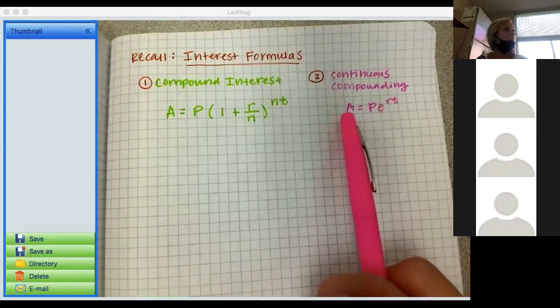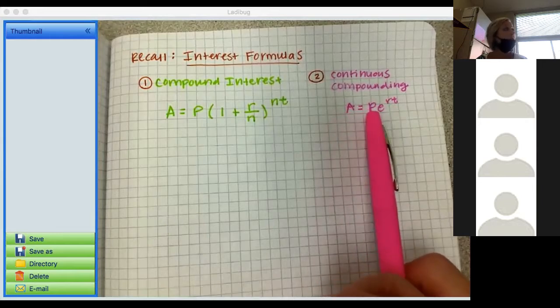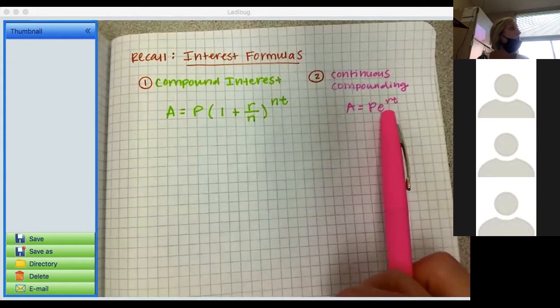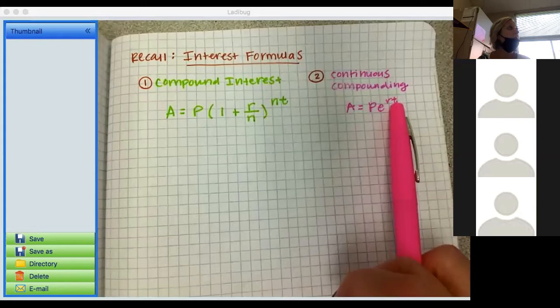The amount you end up with, so the final amount equals the principal, and it just uses E as its factor. Because I told you in the real world, E, environment, nature, when you're talking about like bacteria, sciencey things, it uses E as its base, raised to the rate times the time.